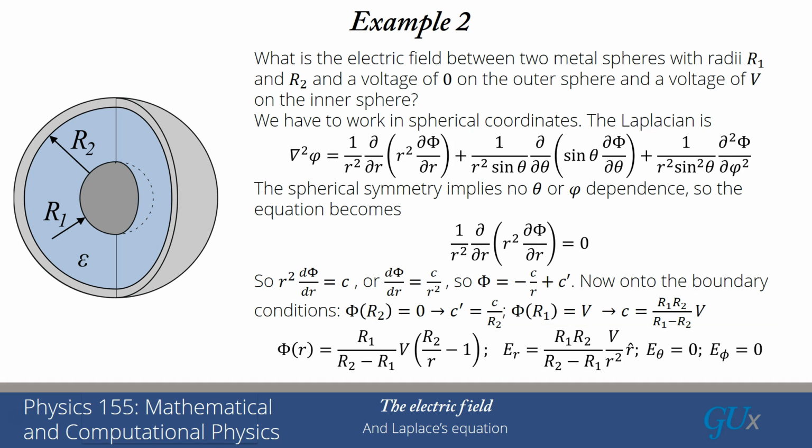And so the electric field vanishes in those two directions. So we just have a radial electric field, as we suspected we would, and it decays like 1 over r squared with some particular constants as we move outward. Okay, we've now solved our second Laplace's equation, and that concludes lecture 15.